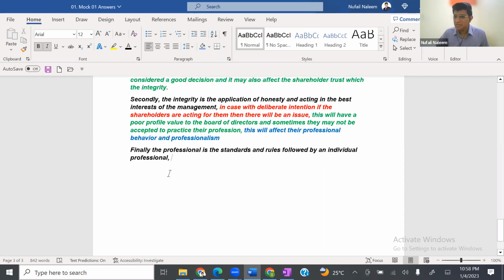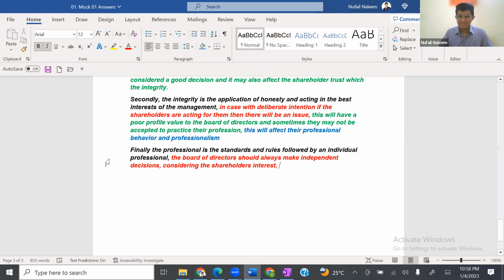Can I continue the sentences so that it will be very clear? The board of directors should always make independent decisions, considering the shareholders' interest.